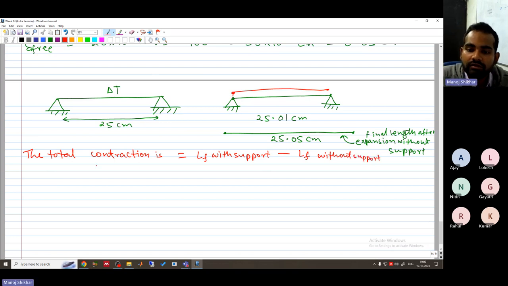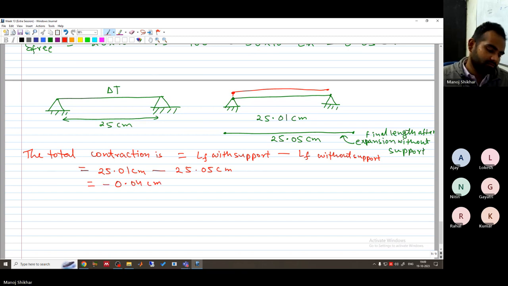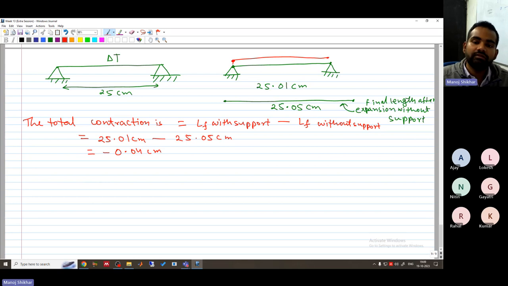So LF with support is 25.01 centimeter minus 25.05 centimeter. So the total difference is 0.04 centimeter with a negative sign. Okay.